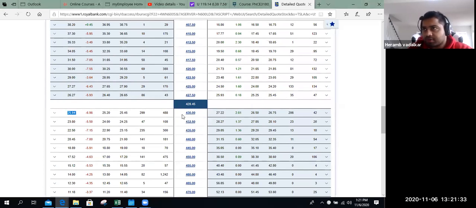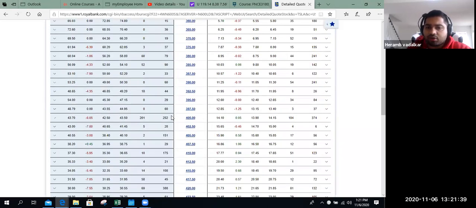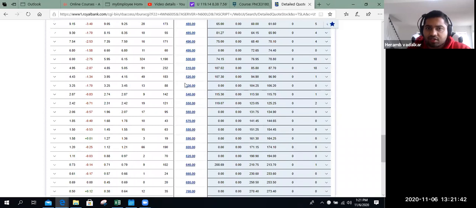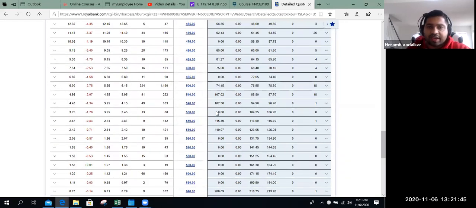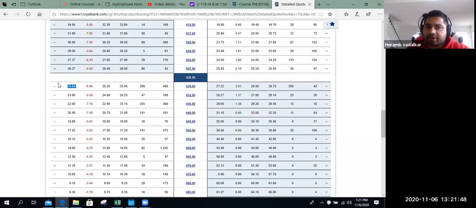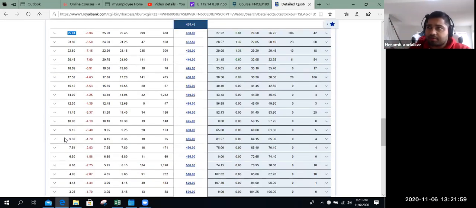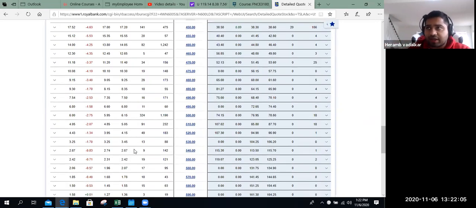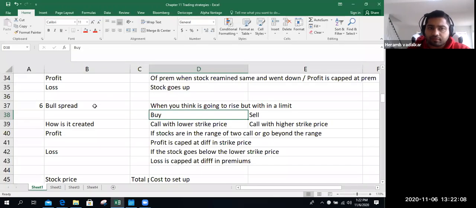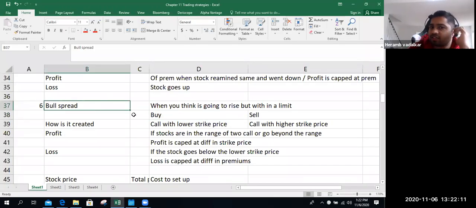If I think Tesla will go up from 430, but it may not cross 500 till the 4th of December, what will I do? I'll buy a call of 430 at 25, and I'll sell a call of 500 at 6. So effectively, I'm creating a spread. I make money if the stock price goes up, but my profits will start to get capped above 500. So a bull call spread can be done when you think that the stock price is going to rise, but within a limit.